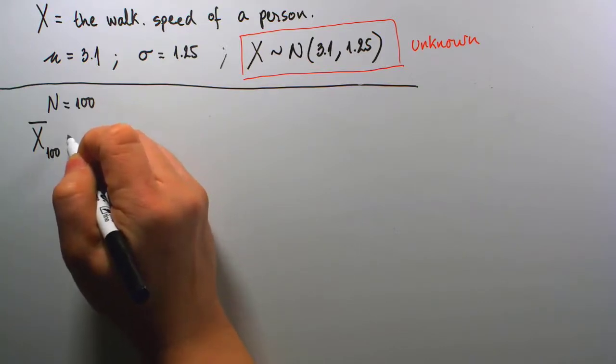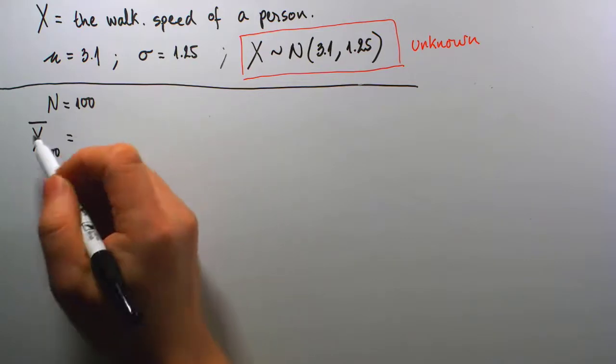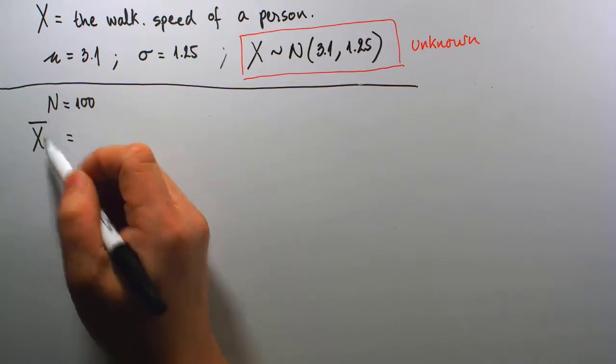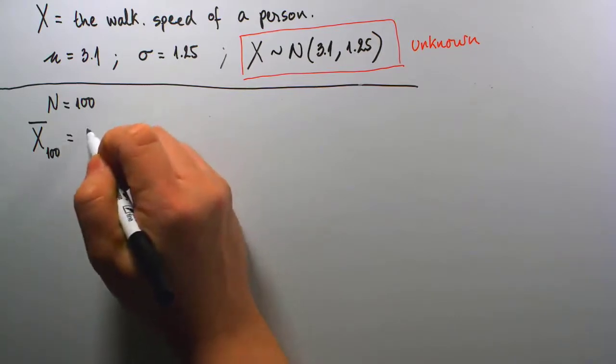And so for that reason, we regard all of those sample mean values as generally a random variable capital X bar 100. So here as a meaning of capital X bar 100, let's quickly write it down here.